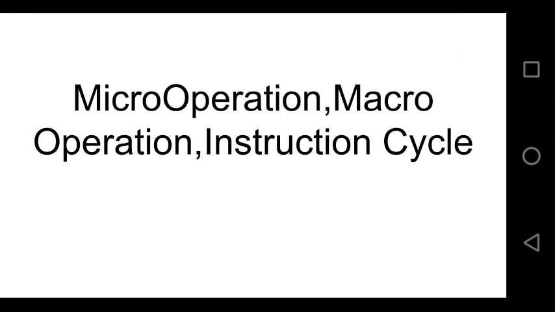Before discussing these things, one should remember that instruction is the basic element of execution in computers. That means it is the one which has to be executed by the CPU, and the instruction has to be provided by the user.